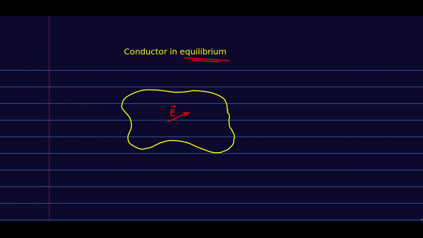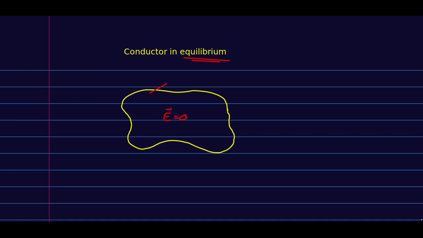Well, that would mean that electrons, which are free to move around inside the conductor, would be accelerated by that E field. But we've just said this conductor is in equilibrium, and so the charges must be static. If there was a non-zero E field inside it, they wouldn't be static. And so we can conclude that the E field is zero inside a conductor in equilibrium.